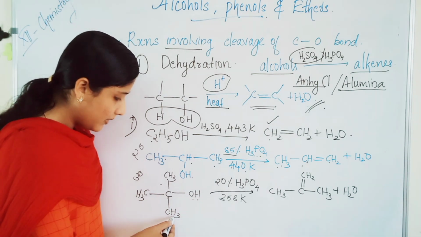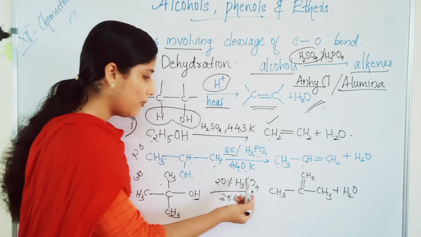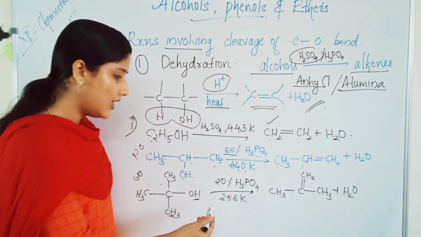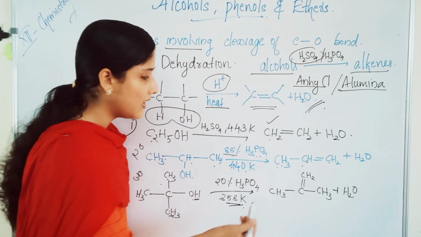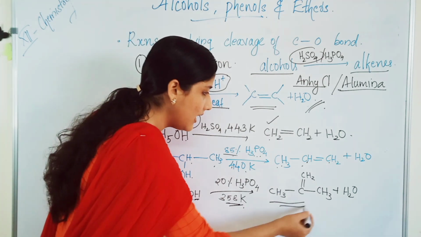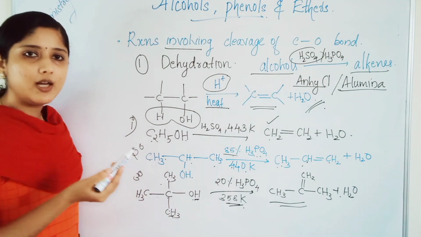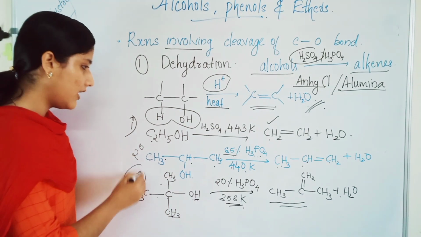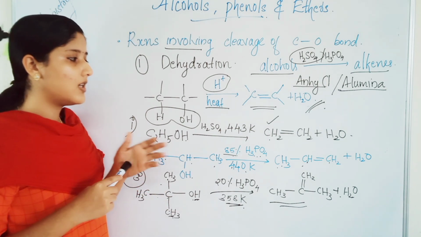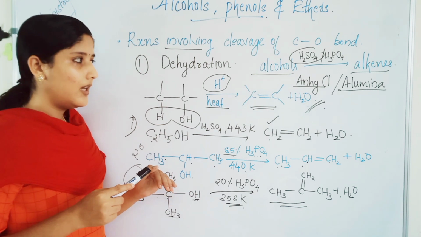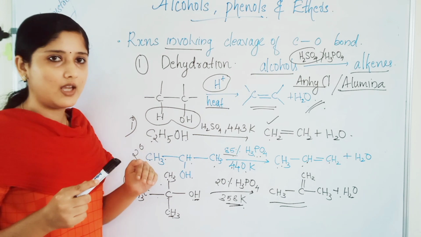One hydrogen and the OH will be removed under 20% H3PO4, comparatively milder conditions, at 358 Kelvin, and we will get an alkene plus water. These are the three reactions of a primary, secondary and tertiary alcohol when they undergo dehydration to give the corresponding alkenes.